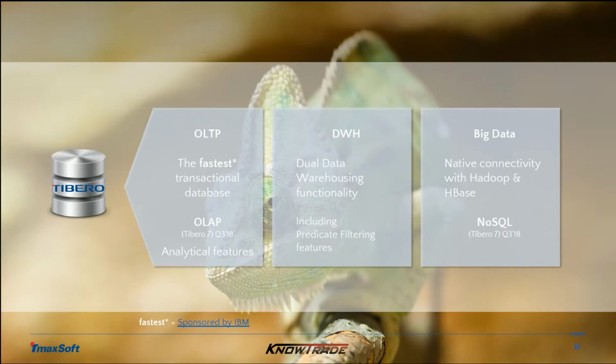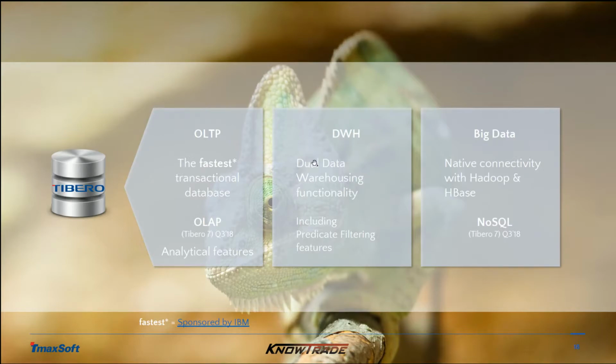Let's say you can use predicate filtering, which is the ability to offload your predicate from the select statement, so the where clause, to the storage, instead of spending resources on the database servers and the network resources to transfer that big amount of data between the storage and your database server.